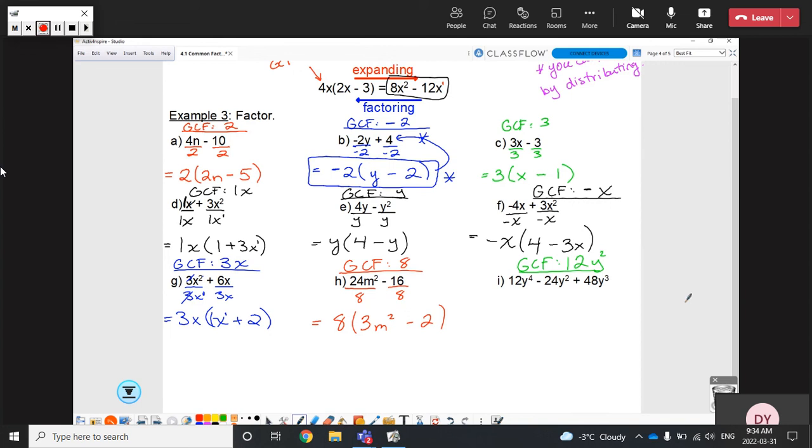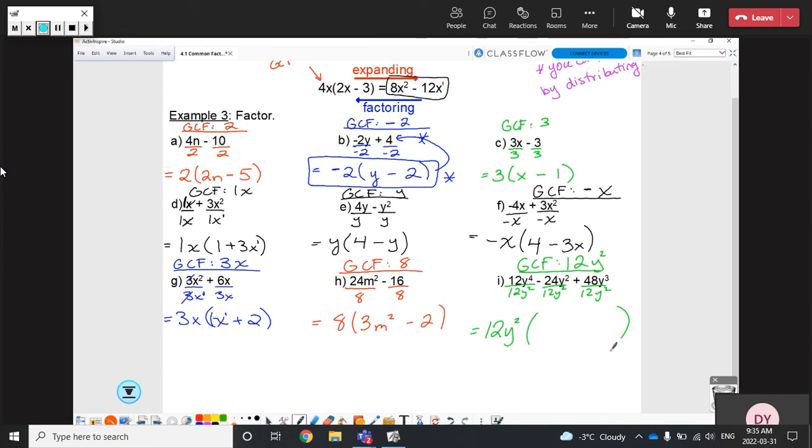Absolutely. So what we're going to do is divide this by 12y squared, divide this by 12y squared, divide this by 12y squared. We're going to keep the 12y squared out front of the bracket.